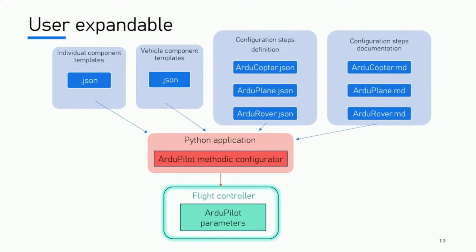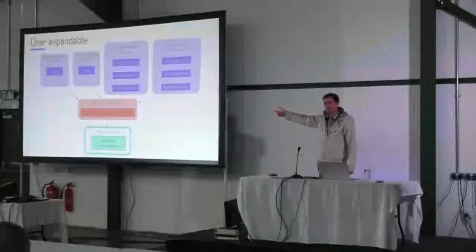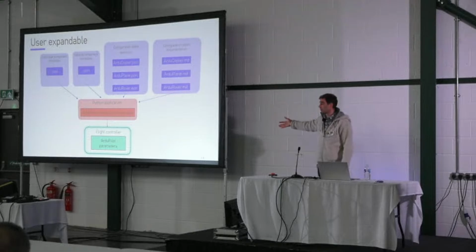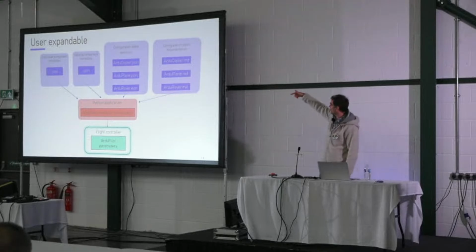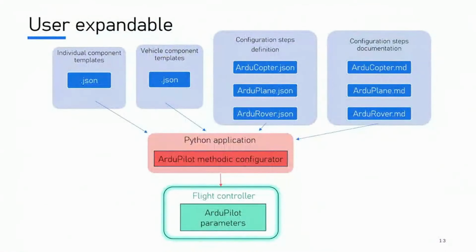And even if somebody really, really wants and gives a JSON file for a PX4, this thing could configure PX4 because it's basically just talking Mavlink and MavFTP, and that's it. So you don't need to know Python to change or adapt the software. If you want to add a configuration step, you just need to do a little change in the JSON file and a little change in the MD file for the documentation.